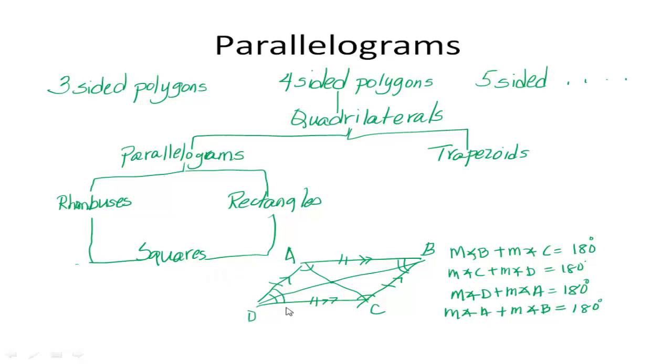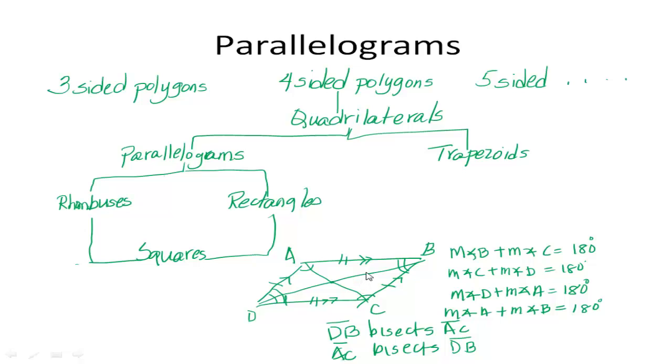That means segment DB bisects segment AC, and also segment AC bisects segment DB, so they bisect each other.